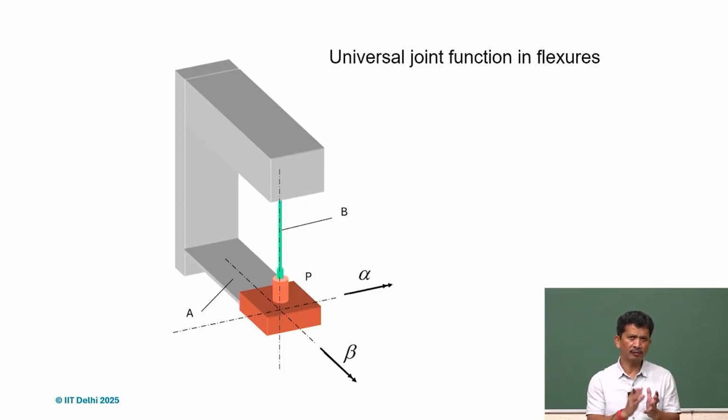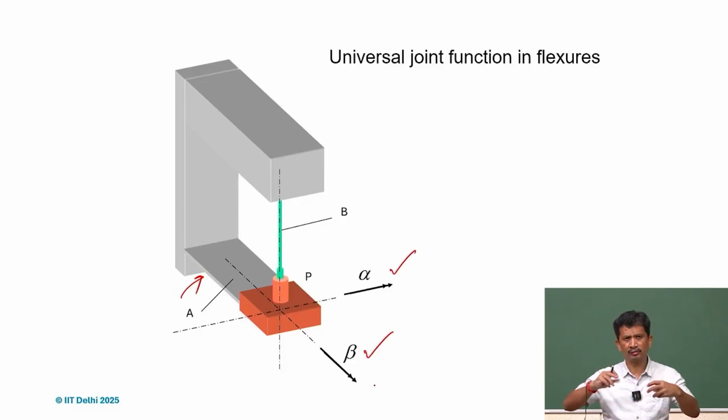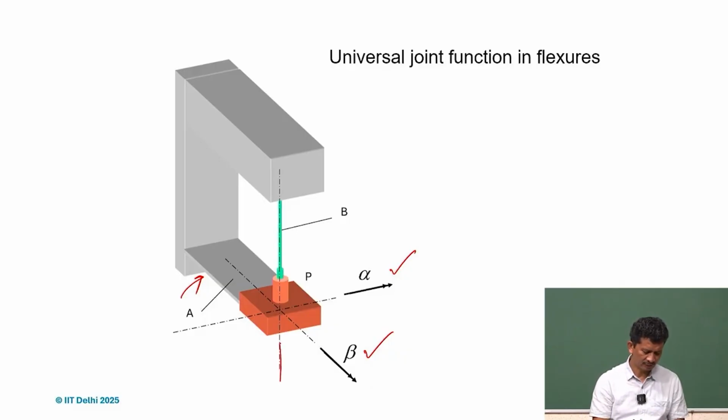We can always couple different kinds of flexures in parallel or in series, and we can get different flexures with different motions, either rotations or linear motions. For instance, if we talk about the sheet flexures, we'll have this alpha and beta rotation. It can get twisted, it can bend, but it will also have this motion.